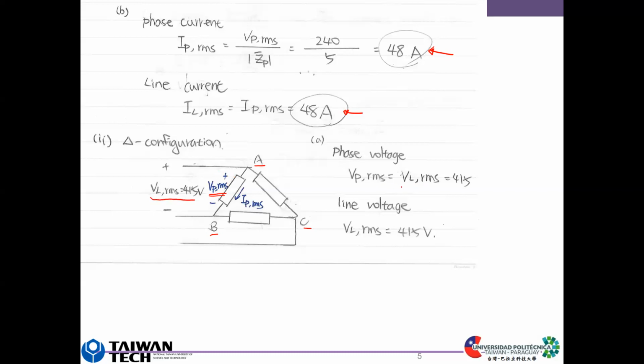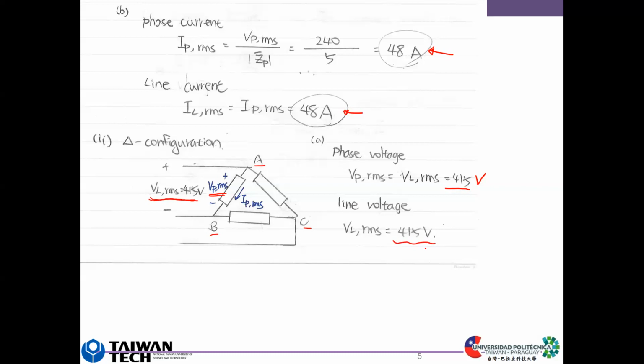So we could easily write it down: VP RMS equals VL RMS equals 415 volts. And regarding the line voltage, the line voltage is given by the problem. It's 415 volts.